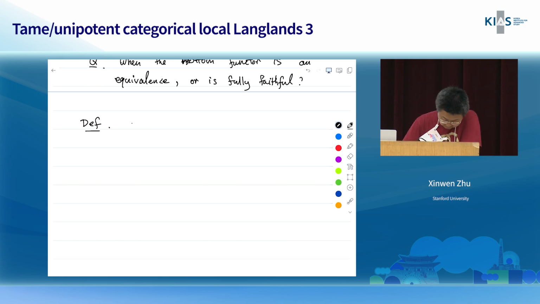So let me give a definition. I'll introduce a class of morphisms, I write this VR, which basically stands for vertically right adjoint.